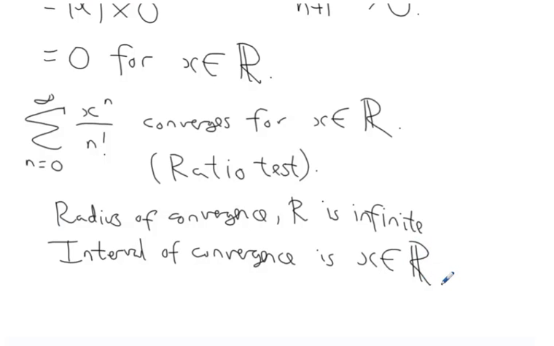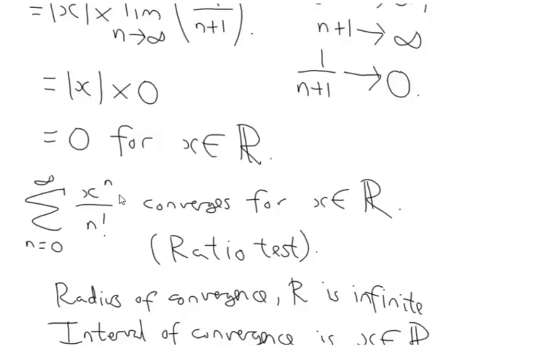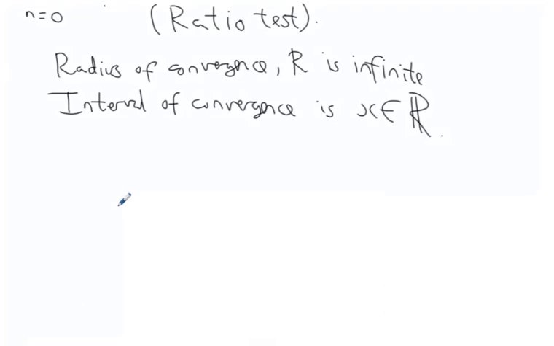Okay, so for part B, hence show that the limit as n approaches infinity of x to the n over n factorial equals 0 for all real x. So we're just considering the limit as n approaches infinity of the sequence, ignoring the series.